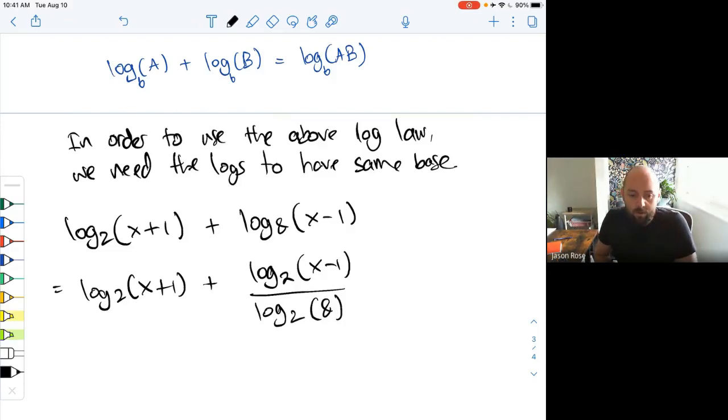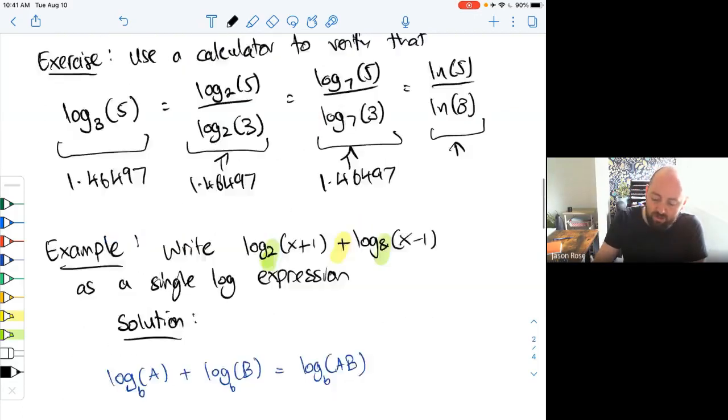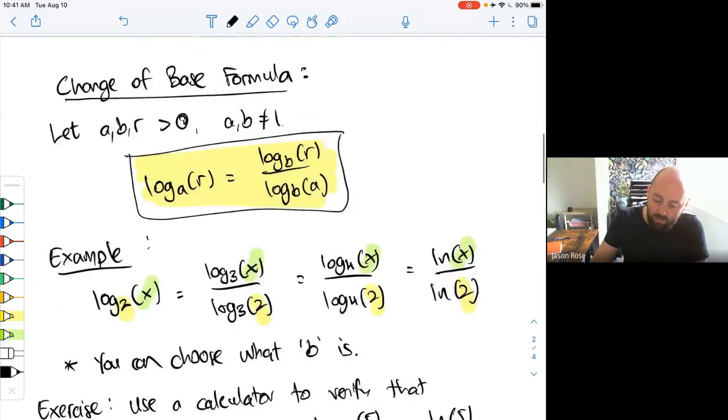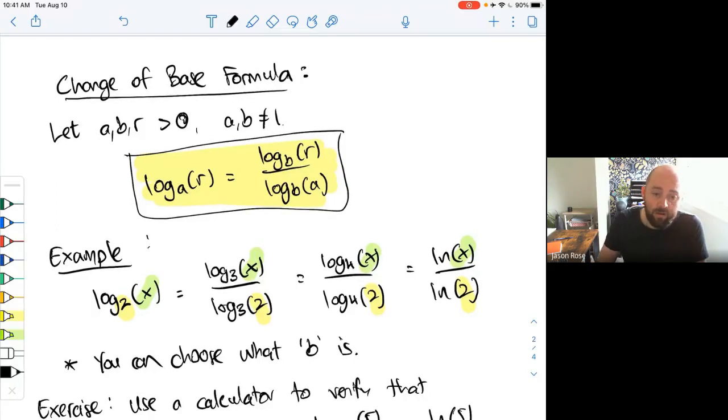So remember, when we're going from here to here, this here is the new base that you want. What's in the numerator, the x minus 1, that has to match. If you look at the green highlighter in the example there, the new base that you select in the numerator, the argument is going to be the same. It was x in the example there, but we had x minus 1 in the one that I just did.